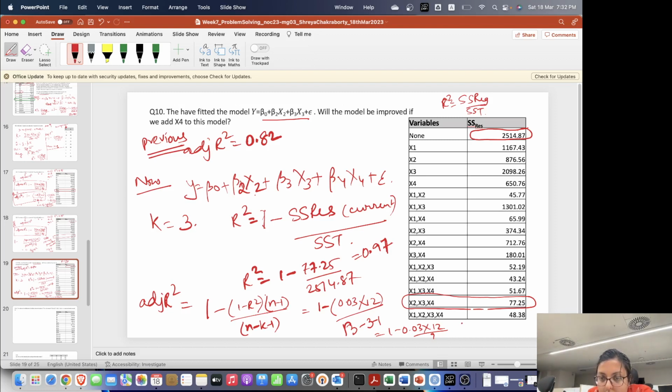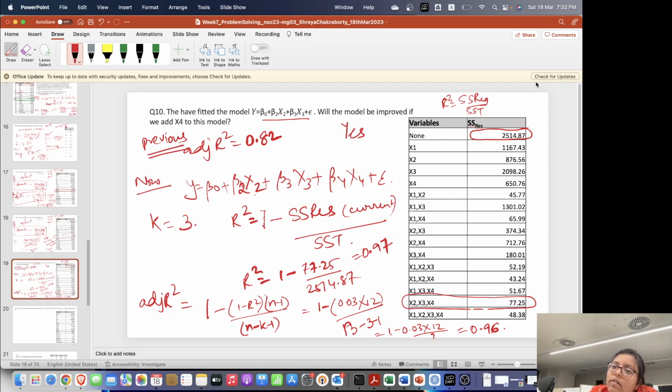So this is also coming to 0.96. So previously the adjusted R square was 0.82. Now the adjusted R square is increasing. Thus the answer is yes, the model will be improved if we add x4 to this model.